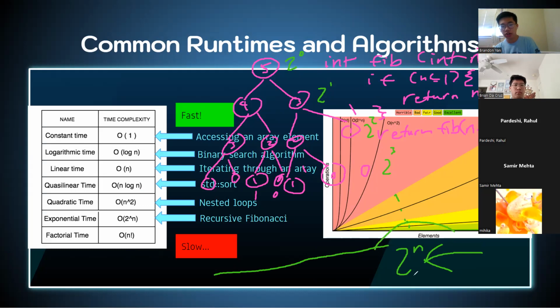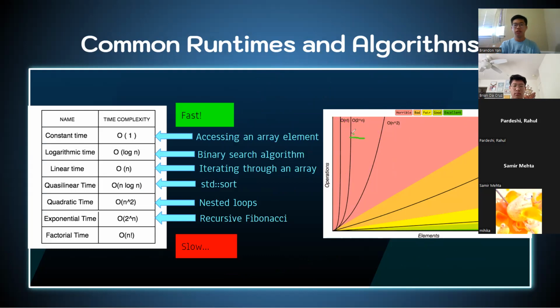So I can say the overall time complexity is 2 to the n because whenever you're doing a geometric sequence in terms of the amount of function calls, the bottom row will dominate the time complexity of the operations. As you can see here, you definitely do not want to be doing recursion on Fibonacci. You want to be doing a more efficient algorithm.